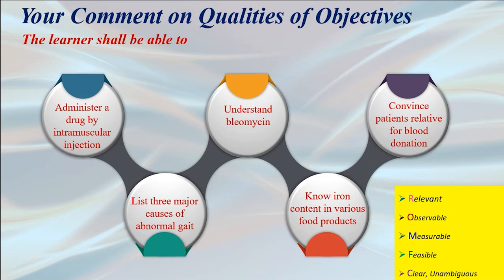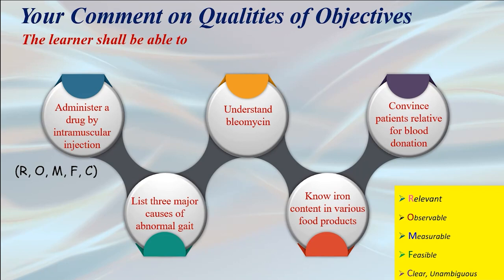You see at the right side the criteria R, O, M, F, and C. For example, the learner shall be able to administer a drug by intramuscular injection. Which of those criteria can you find in this example? Yes, it is relevant, observable, measurable, feasible, and clear.